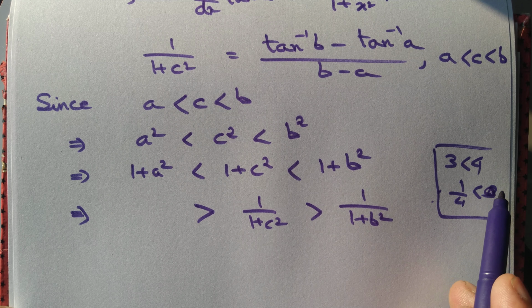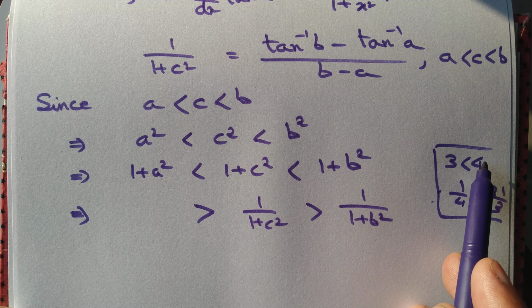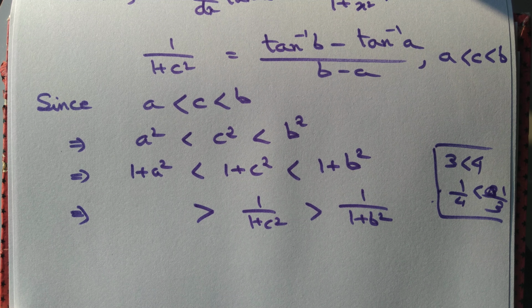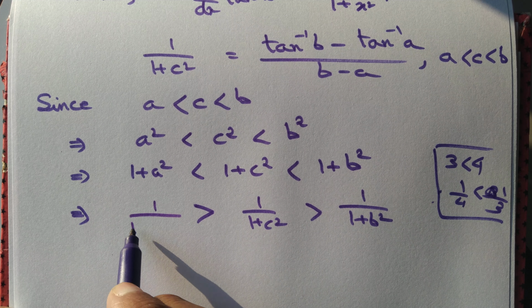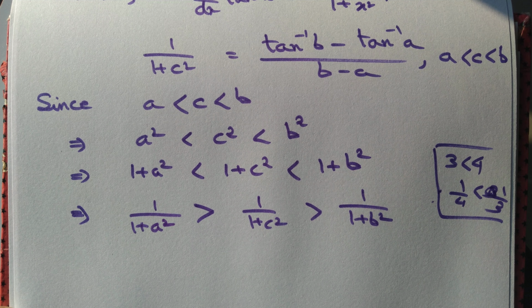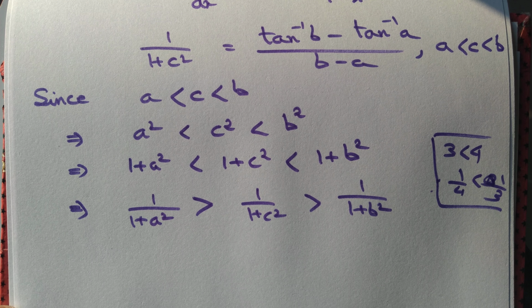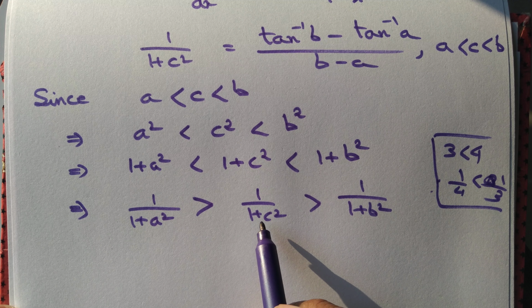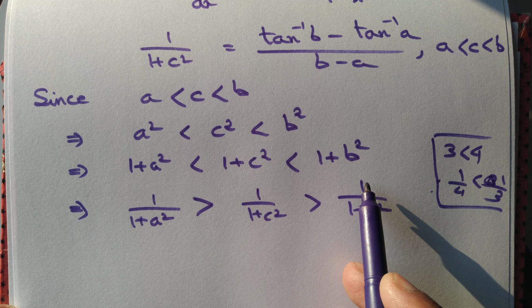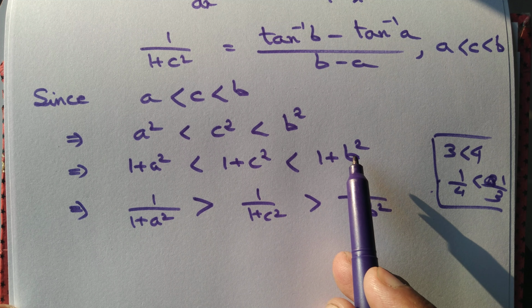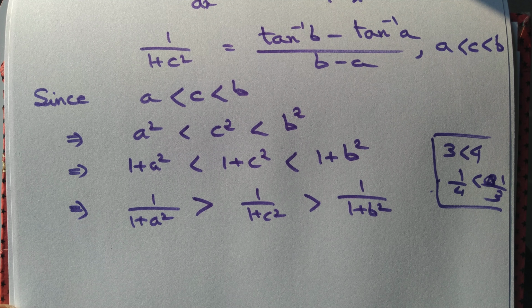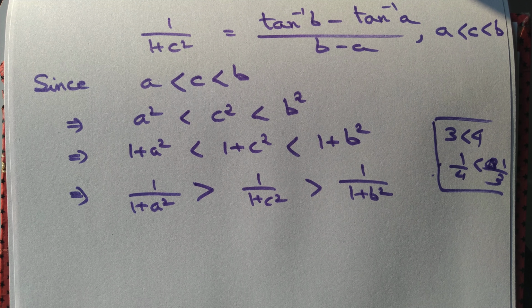Bigger number, reciprocal will be smaller. This number is smaller, so reciprocal will be bigger. 1 plus b square is bigger, so its reciprocal is small. Again, that is true for positive quantities.